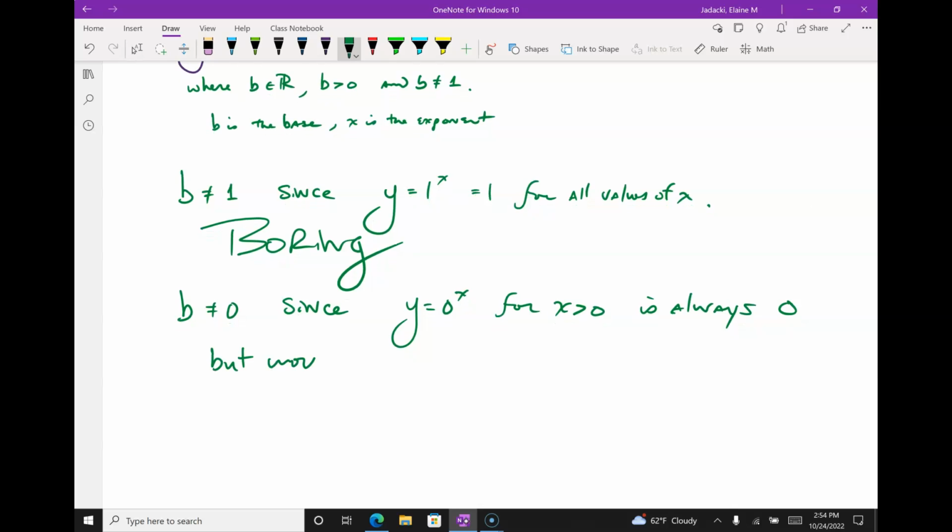But worse, y equals 0 to the minus 1 is what? What's that negative 1 mean in an exponent? Nope. It's a reciprocal. So it's 1 divided by 0, right? Which is undefined.